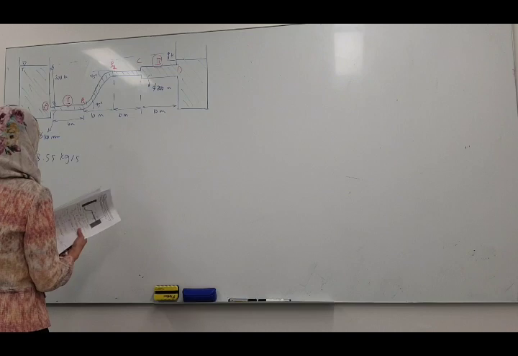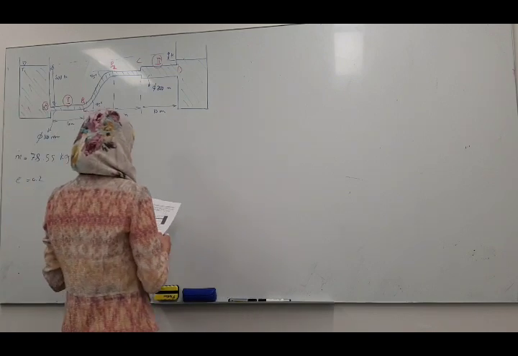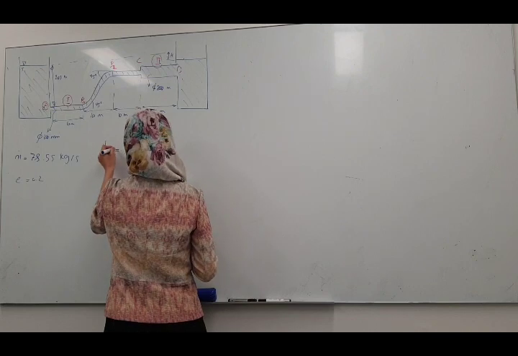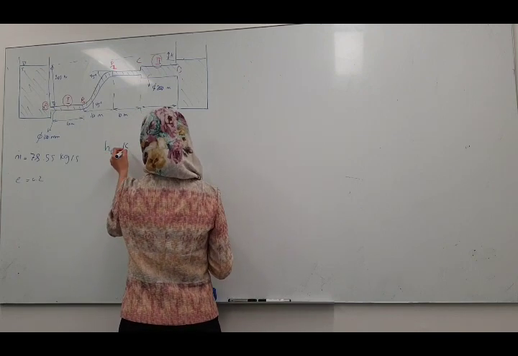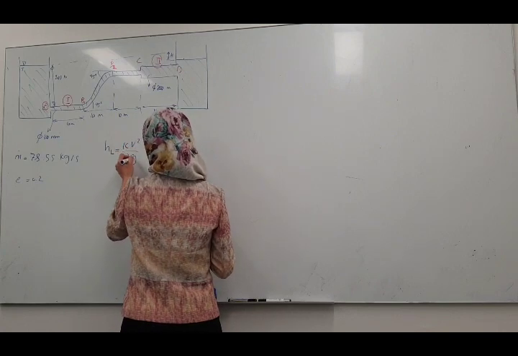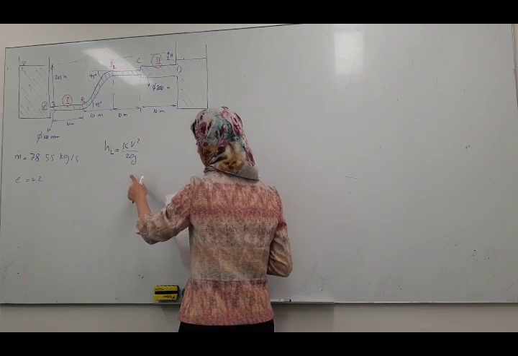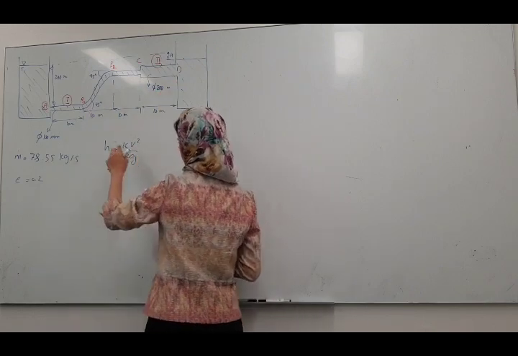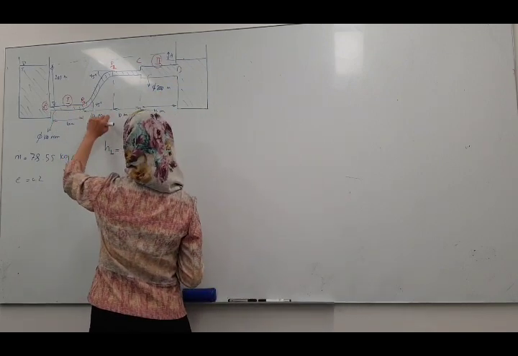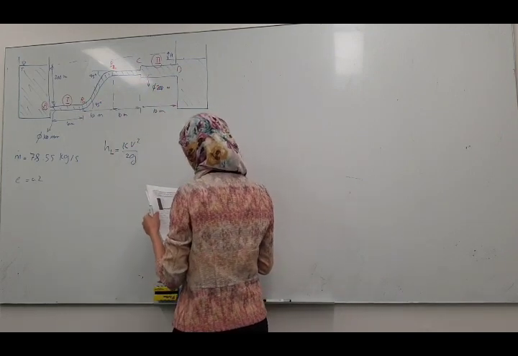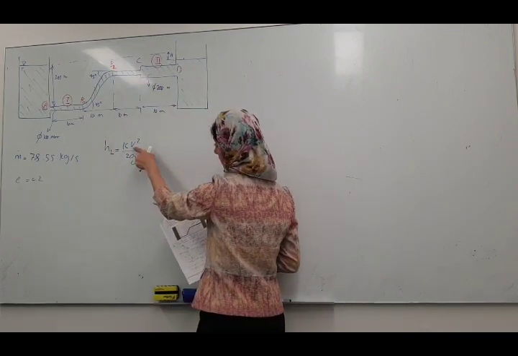For the minor losses, or the junctions, the formulation is HL equals K V squared divided by 2g. So what we need to do is find the K for each component, whether it is the entrance, connection, or exit. The other thing we need to find is the velocity.